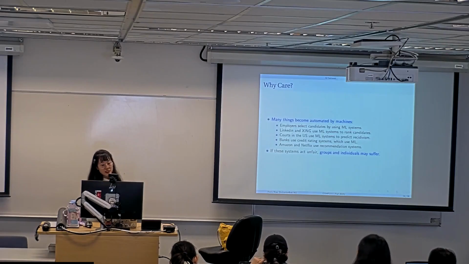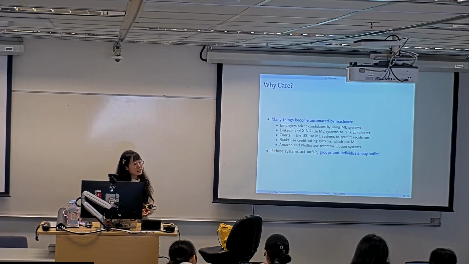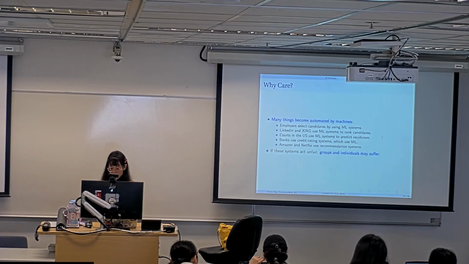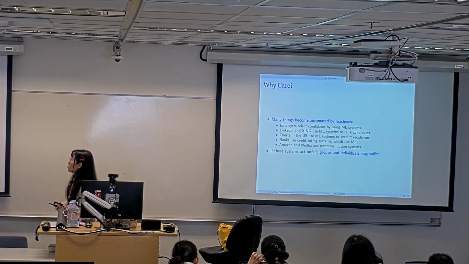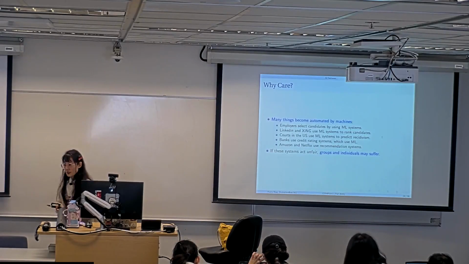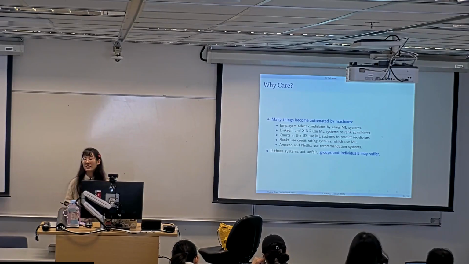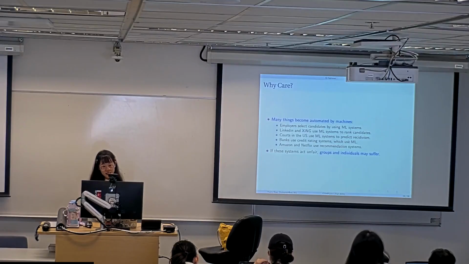Actually, the courts in the US use machine learning models to predict recidivism. Recidivism means a second crime within 2 years. So if there are people who committed a crime once, they will use a machine learning system to predict whether these people will commit another crime within 2 years. That is called recidivism.